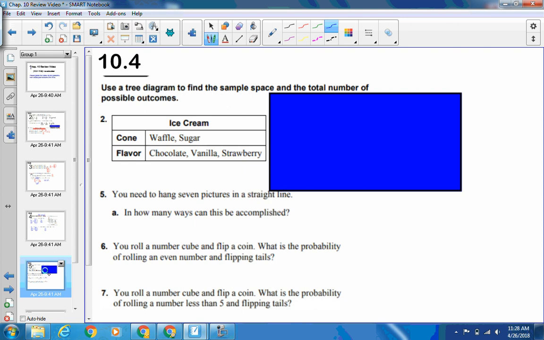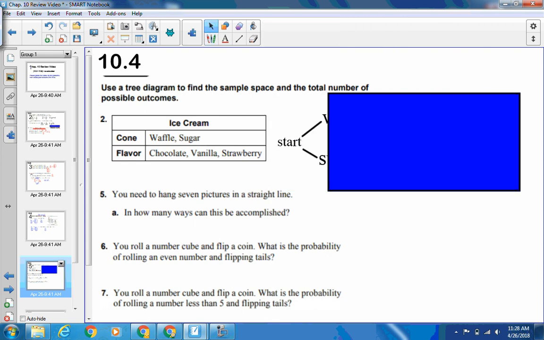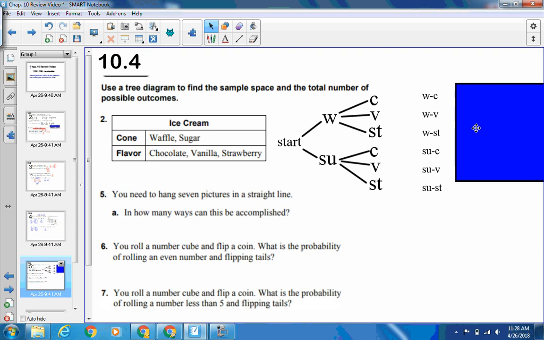Okay, and then in 10.4, we had to make tree diagrams to find our sample space. So for the ice cream problem, I'm just going to show you what I came up with here. It is this tree diagram where I start with the two different types of cones. And from the cones, I break it down into the three flavors. So it looks kind of like a tree.